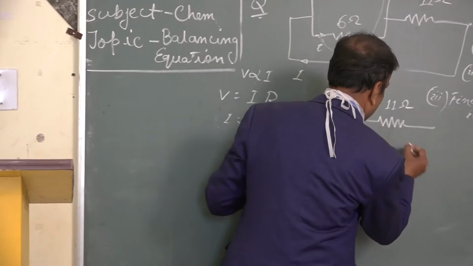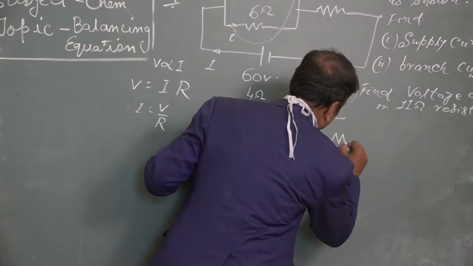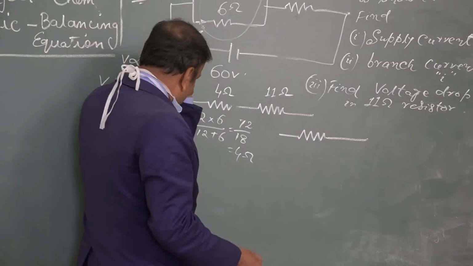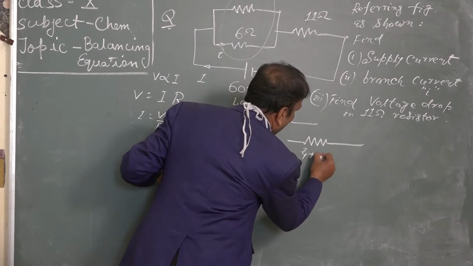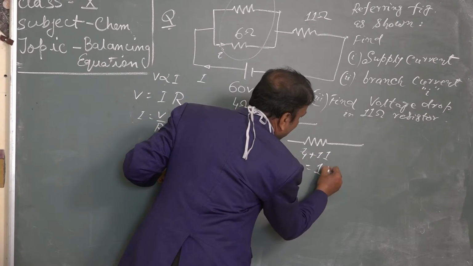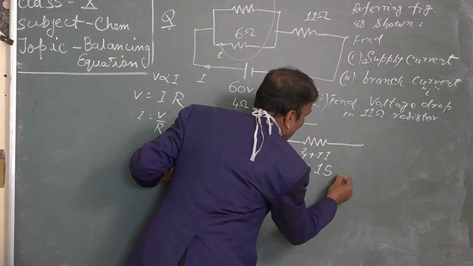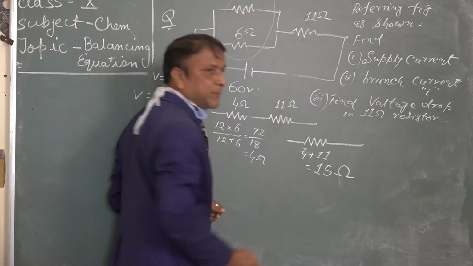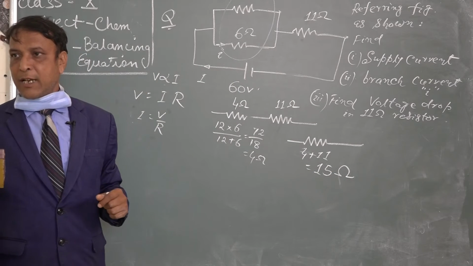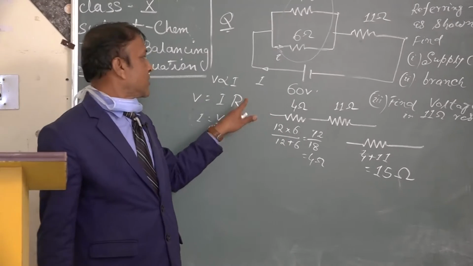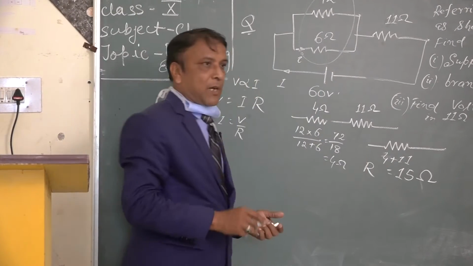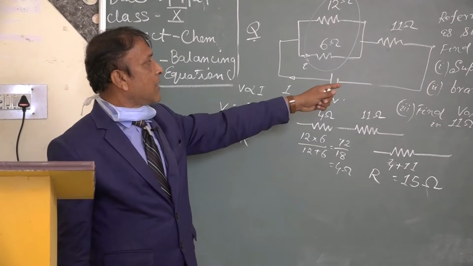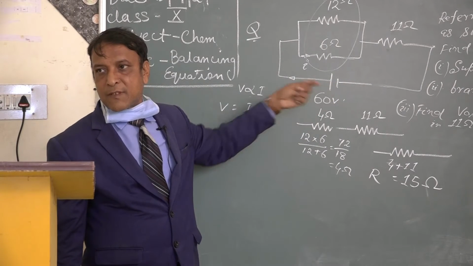So instead of these two, I can take a single resistor whose value will be 4 plus 11, that is equal to 15 ohm. That is 15 ohm, right? That means we got the total resistance, the R value. After finding the R value, we can now calculate the value of the supply current.